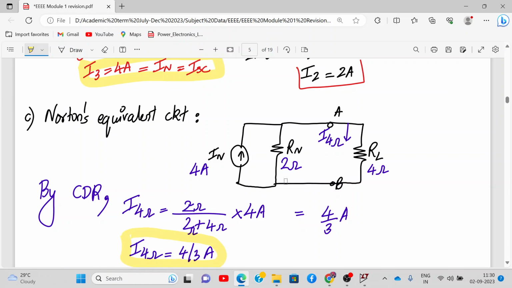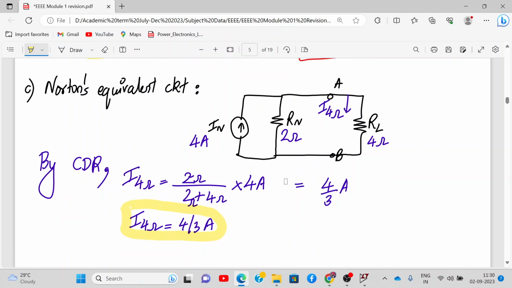Any doubt over here? Hello. So this we have achieved by Norton's theorem. Hello. Did you get the answer? 4 by 3?